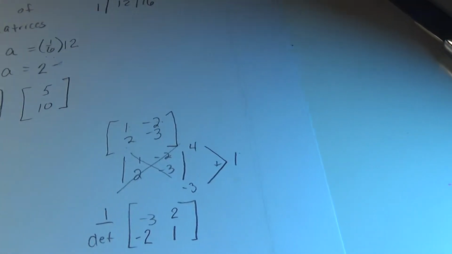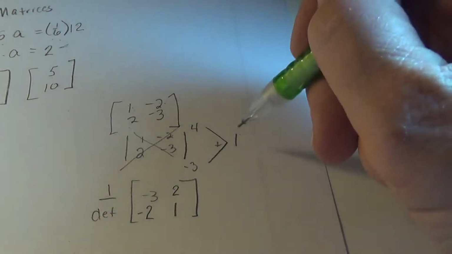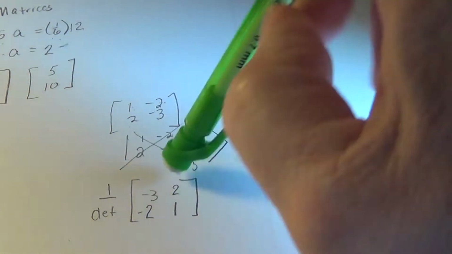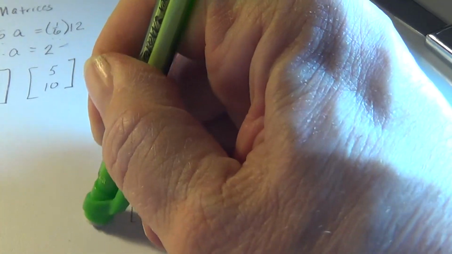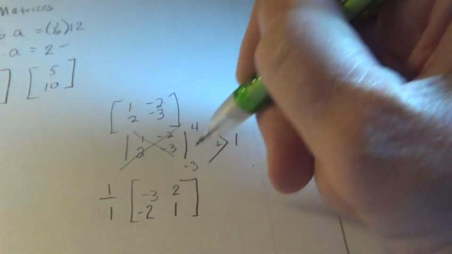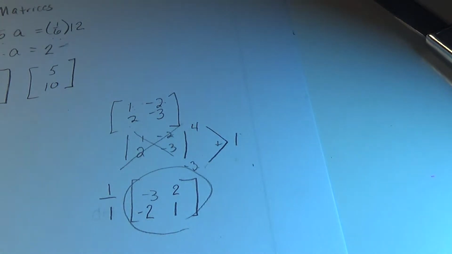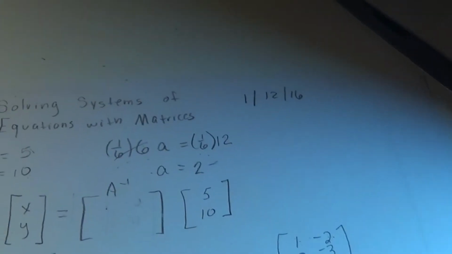Alright, so that'll be a little more obvious what I did there on the other example. The determinant here is 1, so 1 over 1 will not affect the matrix. So this is the inverse matrix, and now I need it back in this equation.